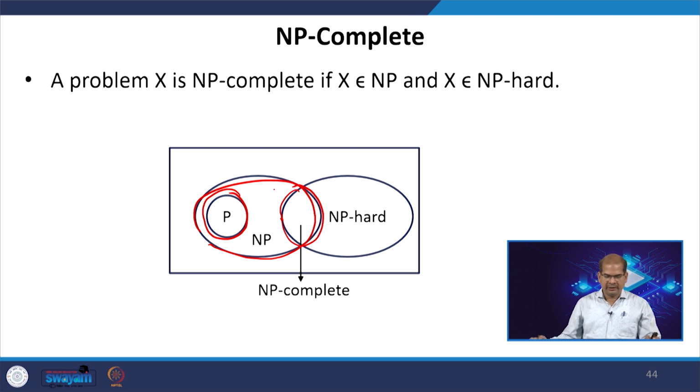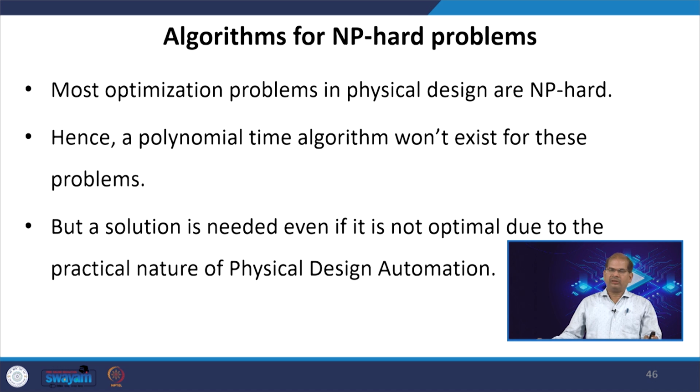Intersection means a problem X is NP complete if X belongs to NP and it also belongs to NP hard. So, this set is your NP complete, which is the benchmarking between the NP and NP hard. So, if you have problems in NP hard, how can we solve them?